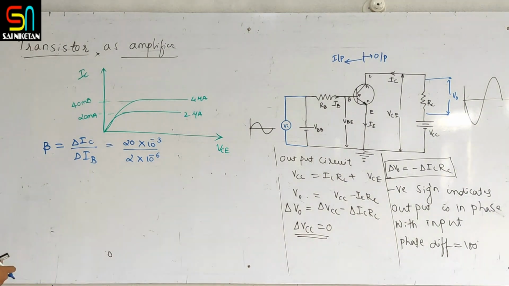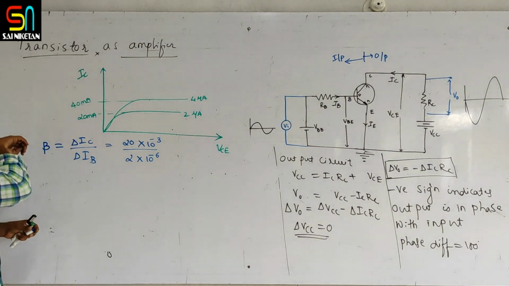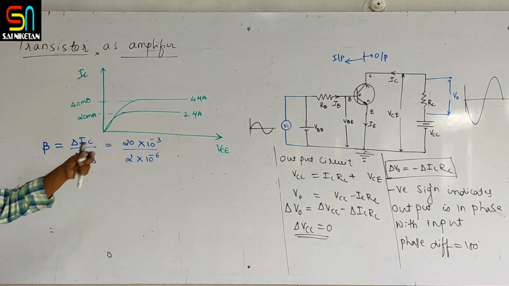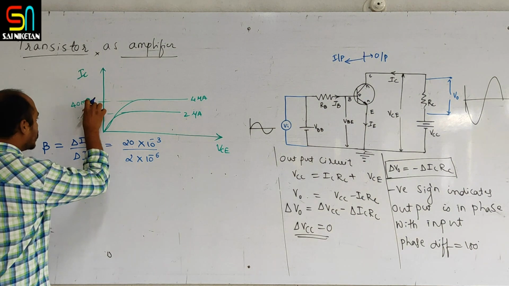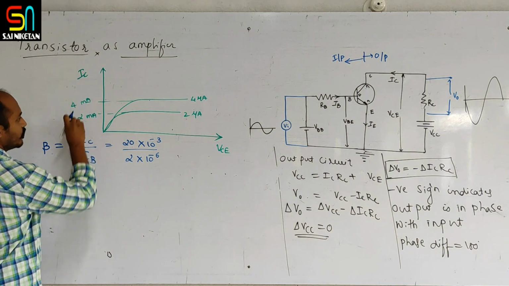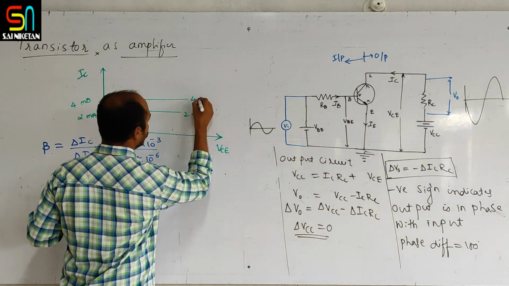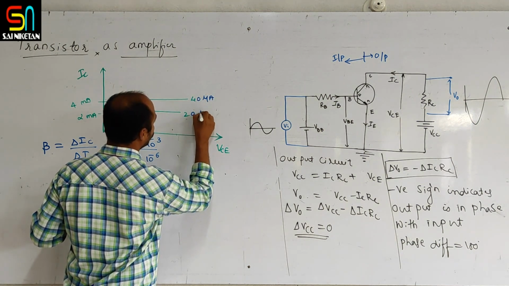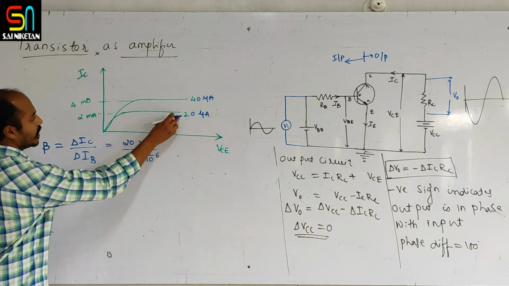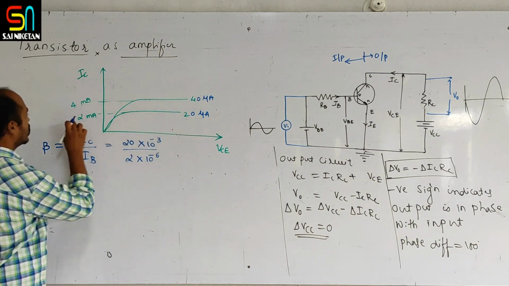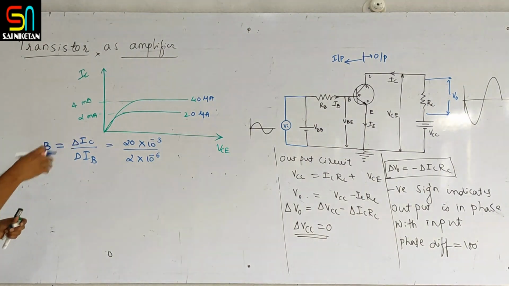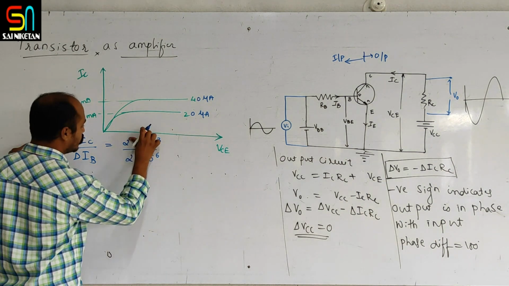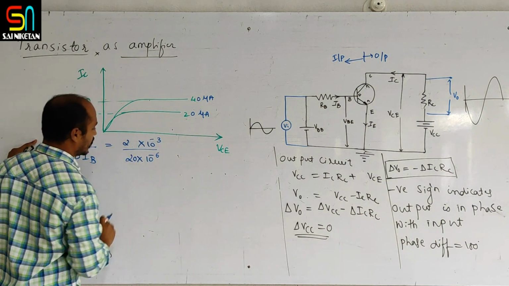To better understand it, here you might say that, sir, you have already taken a large value, so you will get a large value. So I will make this a 2 and this a 4, and I will make this 40 microampere and this 20 microampere. Now, what beta are we calculating? Hence this becomes 2 and this becomes 20.